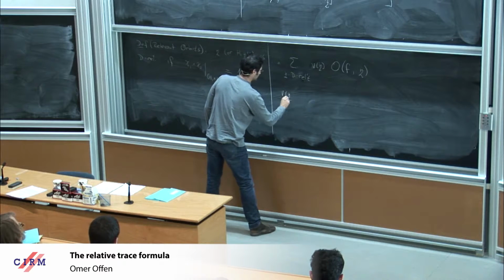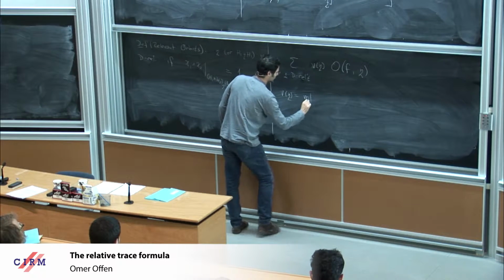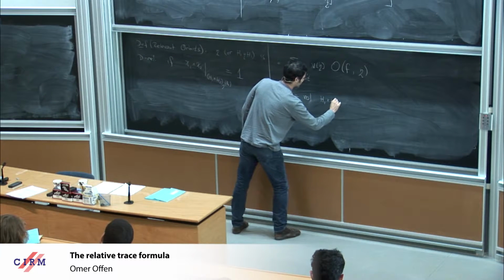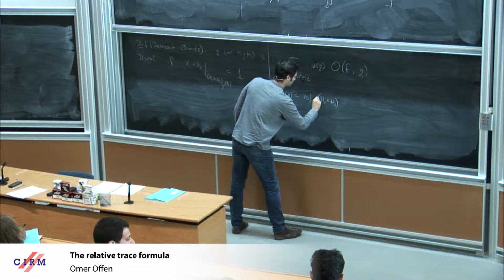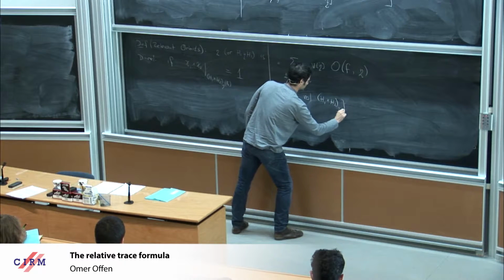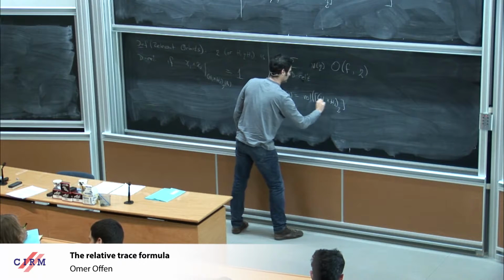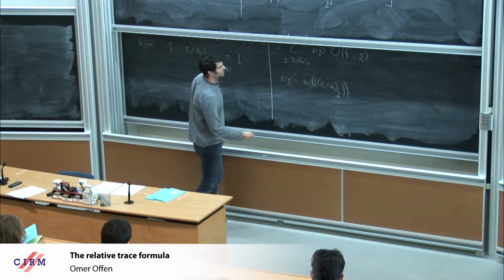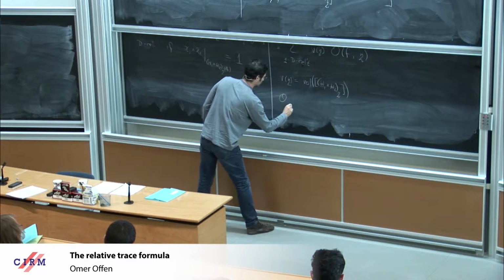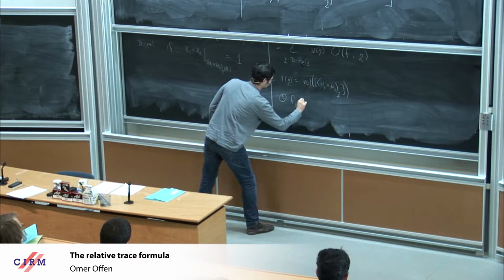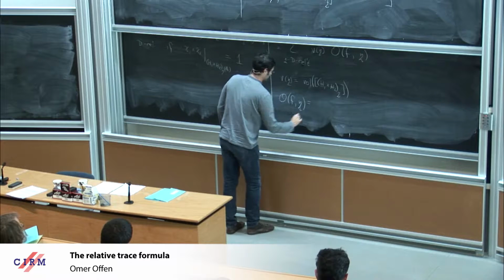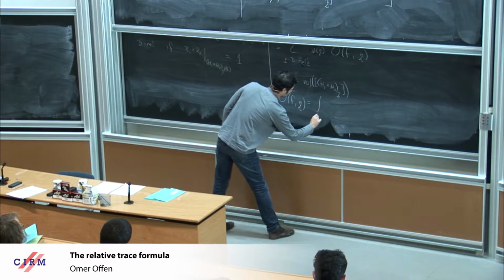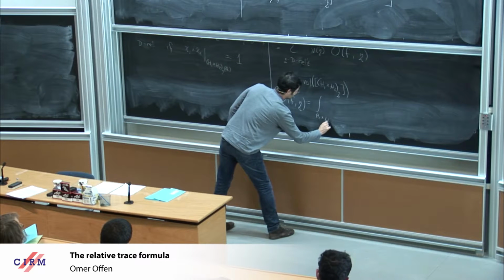Okay, so here, V of eta is the volume of the automorphic quotient of the stabilizer, while the orbital integral is the integral over h1 cross h2.